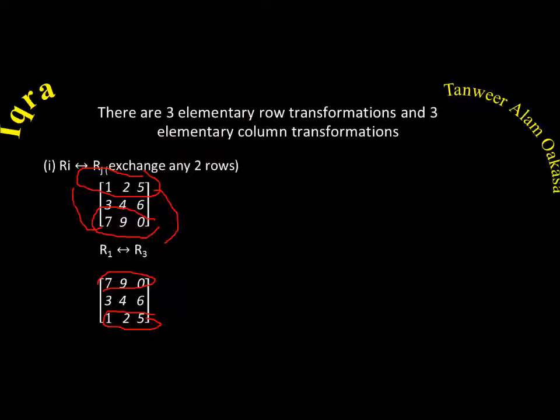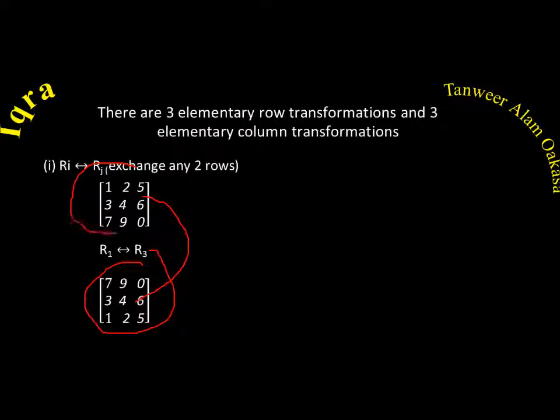So I have got a transformed matrix, and these matrices are called equivalent matrices because I applied an elementary transformation and got this matrix. So I say that this matrix is equivalent to this matrix. We use the term equivalent whenever I have applied a transformation on a matrix. Similarly, I can apply a column transformation.